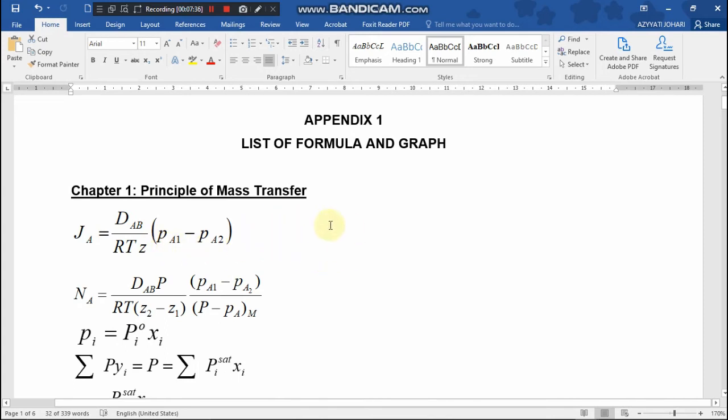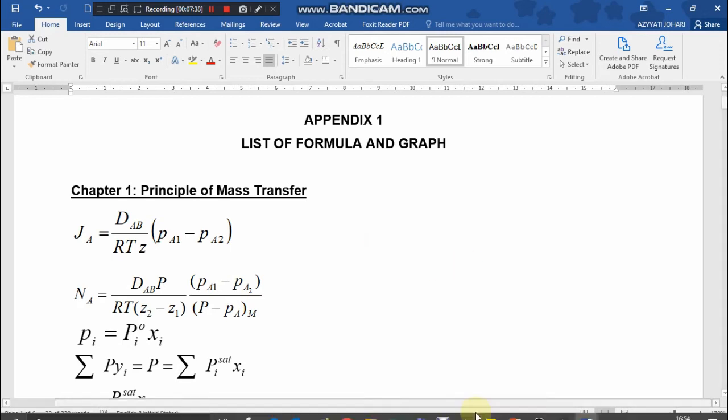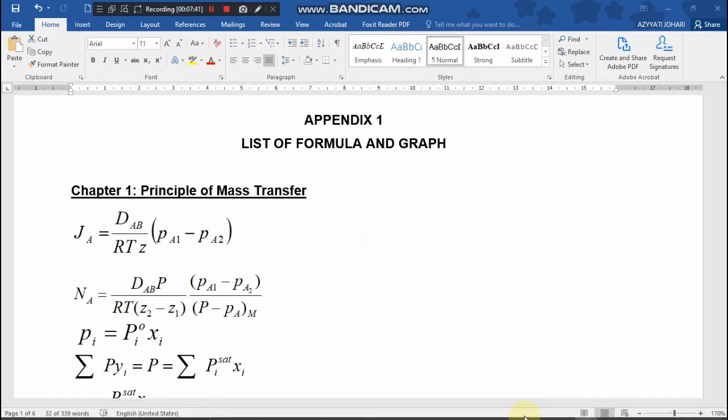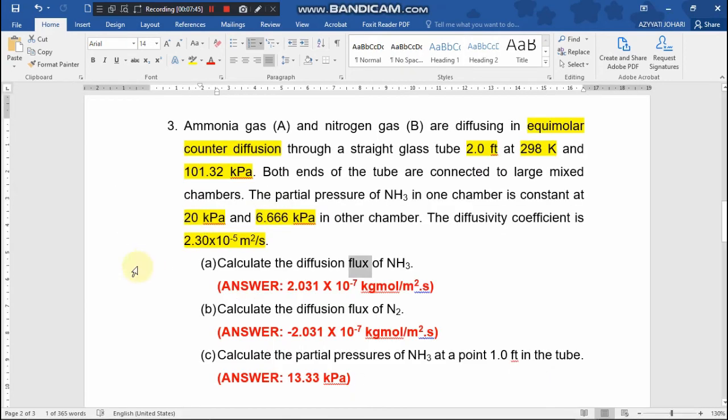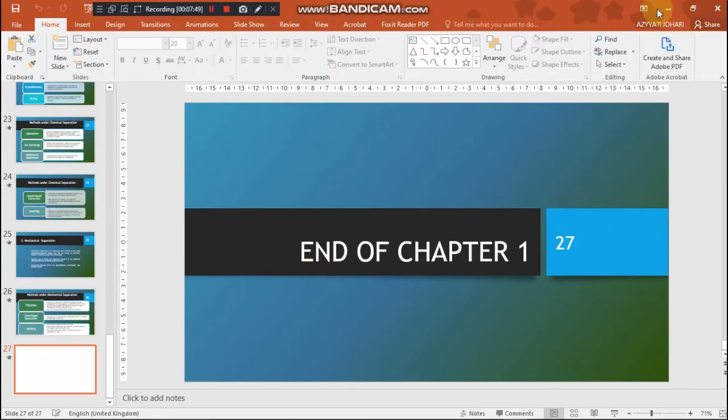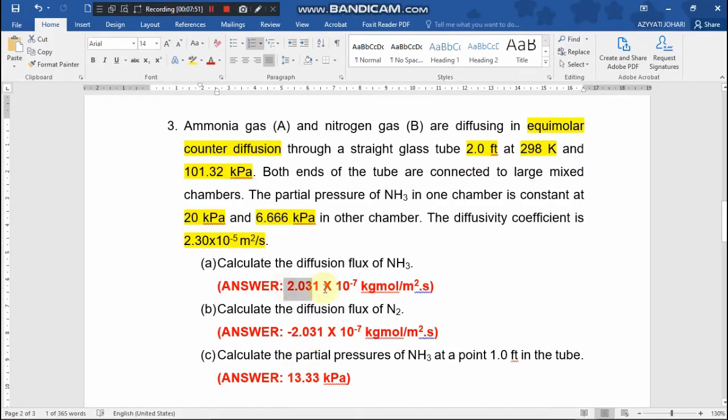You will get the final answer together with the remaining units. The answer is 2.031 multiplied with 10 to the power of minus 7, and this is the unit for flux.